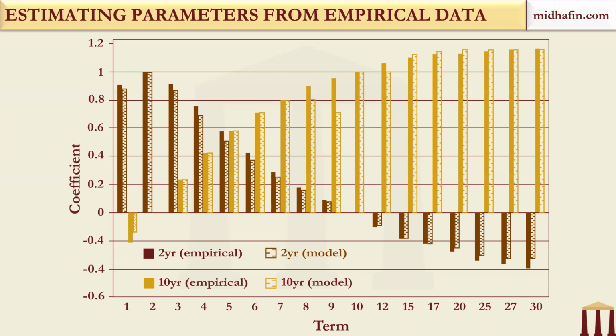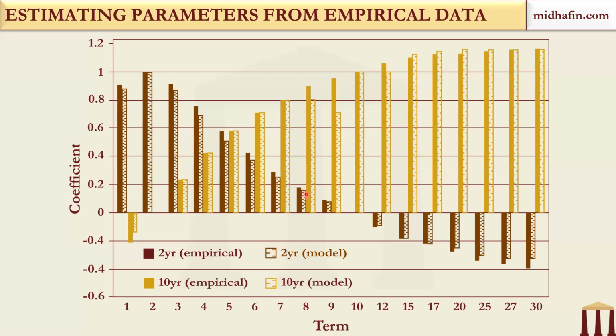Now here's what's really impressive about this model. If you see the hatched bars, both the golden ones as well as the red ones, the brown ones, you can see this is actually a visual validation.